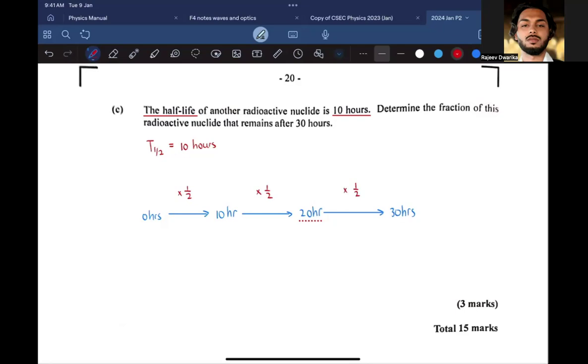So it's just a half by a half by a half, and you're going to get 1/8.